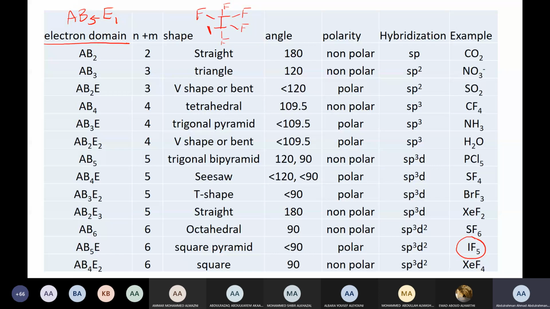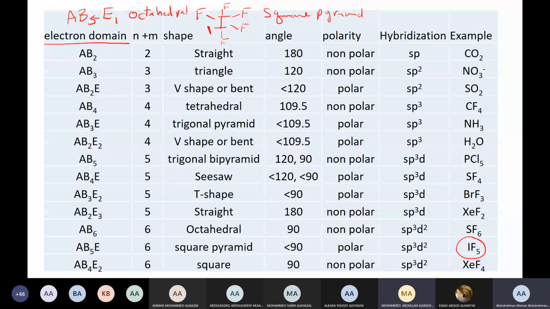Exactly. What is the shape of the electron domain? Octahedral. That's important. What's the shape of the molecule? Square pyramid.